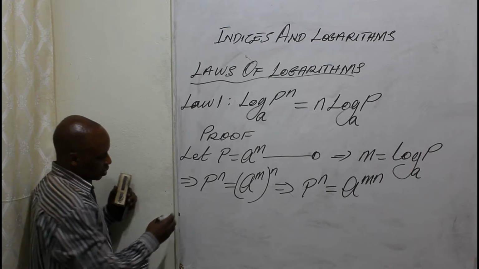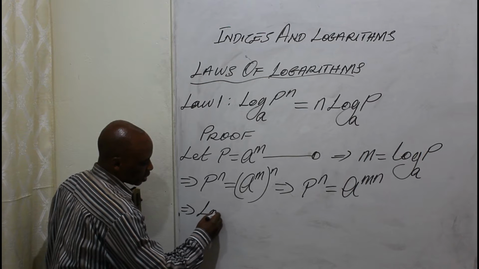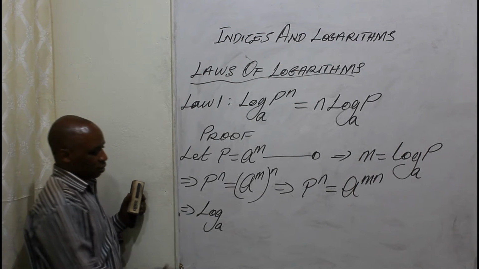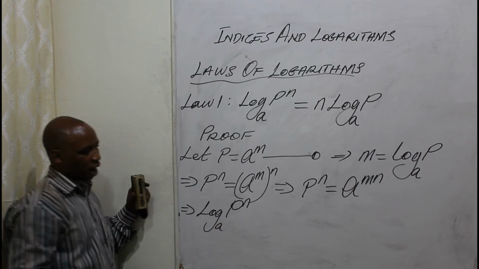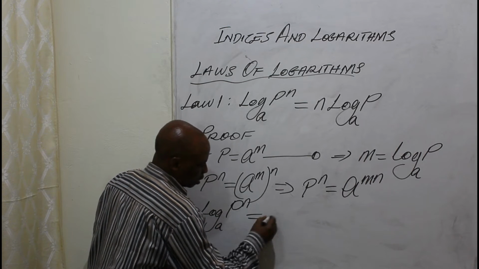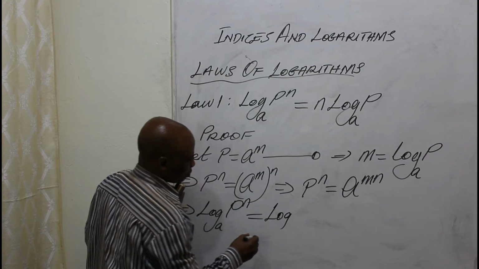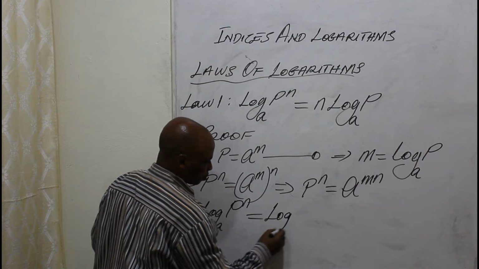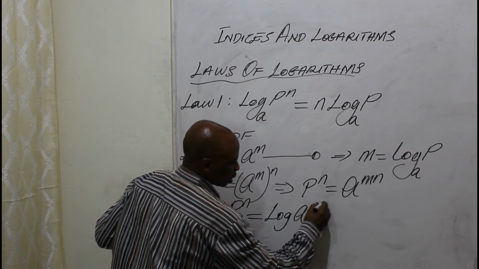Then the next step is you take the log to base a of both sides. So it will be the log of p raised to the power n to base a equal to the log of a raised to the power mn.